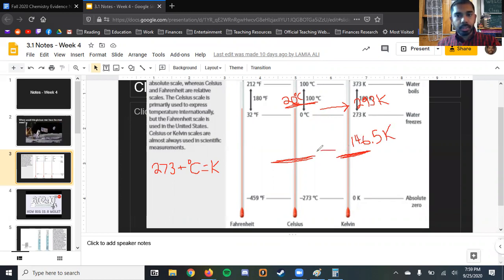Next, we're going to turn this back into Celsius. And to do that, we just rearrange this, right? Let's subtract 273 on both sides. If we do that, C is left by itself. K is still in the same spot, and we subtract 273 from both sides.